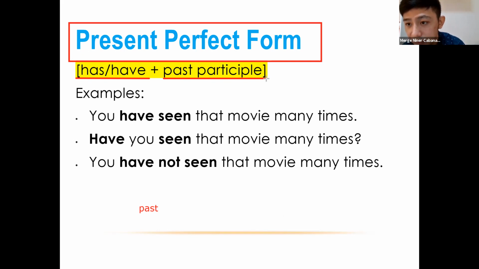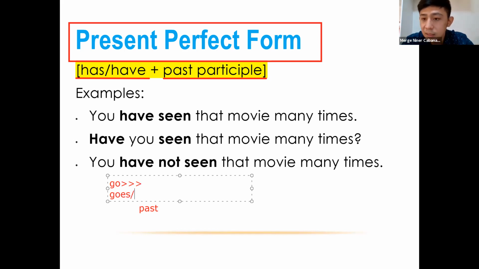Let me repeat myself. For you to use your present perfect form, you need to use has or have plus past participle. All right, now we're talking. I'm going to use this as an example. Go is the infinitive form.